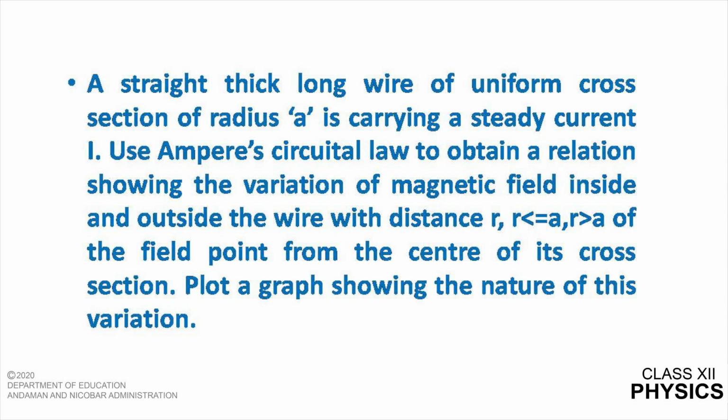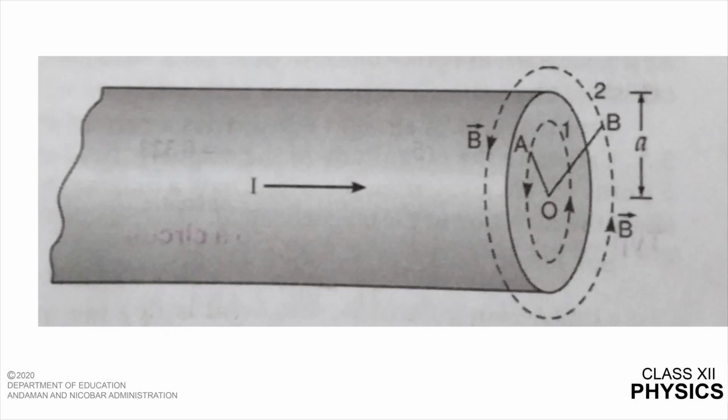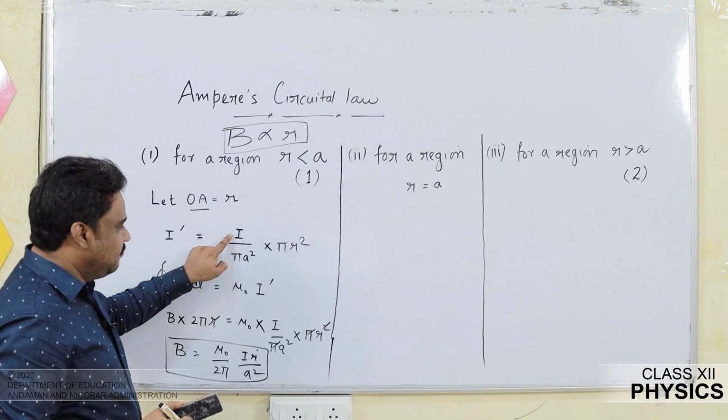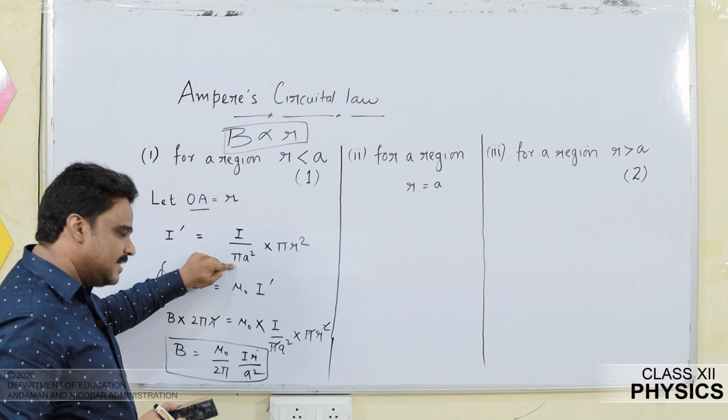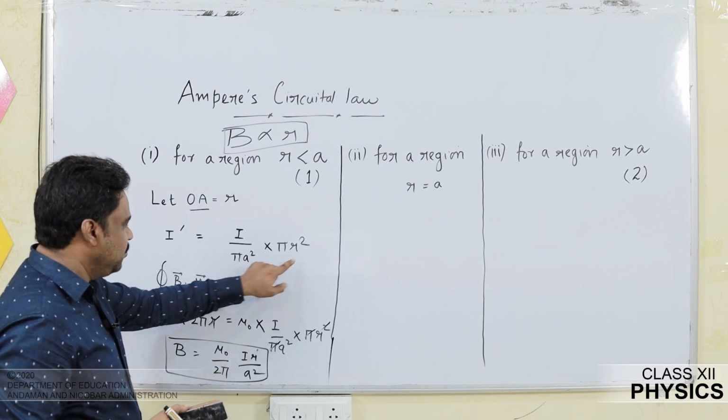They are asking the magnetic field for two regions marked 1 and 2. So I am going to get the contribution of current for the region marked as OA. What will be the current threading through that part? It will be I, if I is the total current flowing through an area pi a square. So I want the contribution for pi r square, so it will be I by pi a square into pi r square.